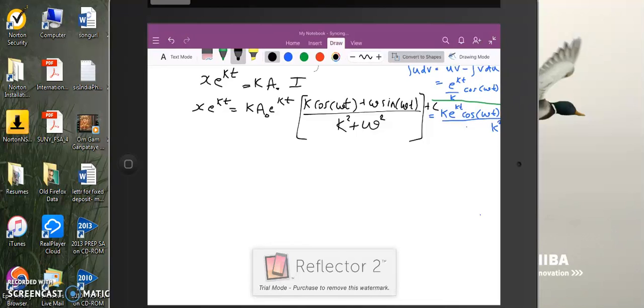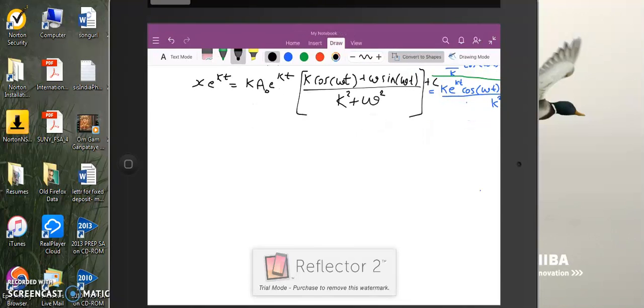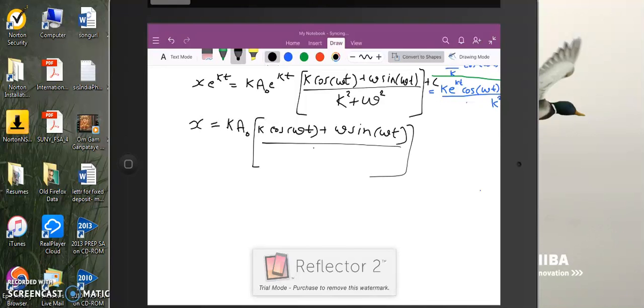We can bring the e to the kt over here. That will give us x is equal to k a naught times k cosine of omega t plus omega sine of omega t over k squared plus omega squared, plus c e to the minus kt.